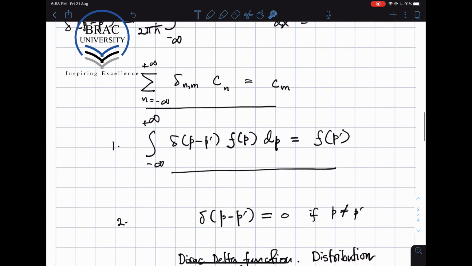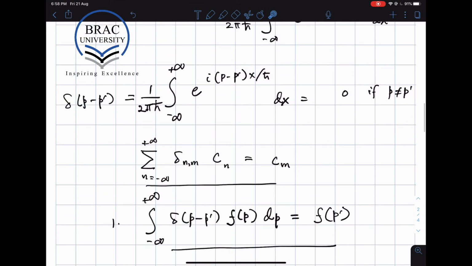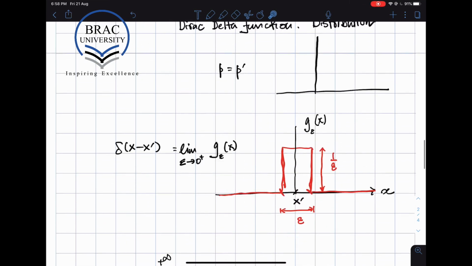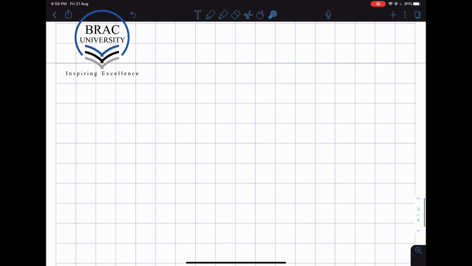So let me just formally write this out. This is the expression that if I have a plane wave, e to the power i, say, px over h bar, and I have another plane wave e to the power i p prime x over h bar, and then their normalization is square root of 2 pi h bar, so multiplying two of those will give me just 2 pi h bar.